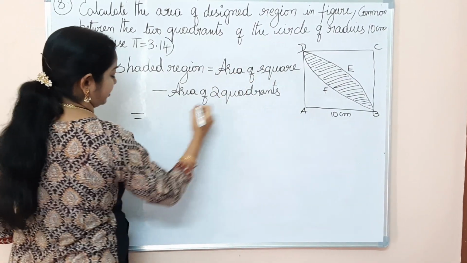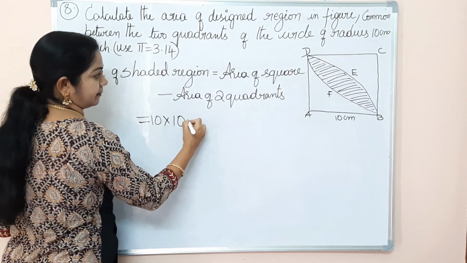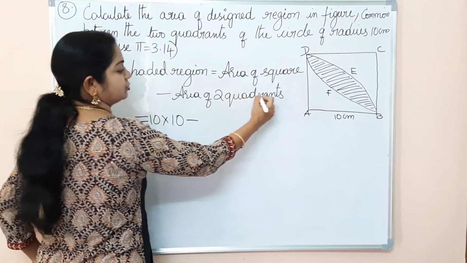So the area of the square is side into side, that is 10 into 10, minus the area of the two quadrants.